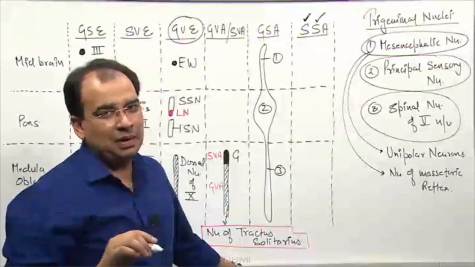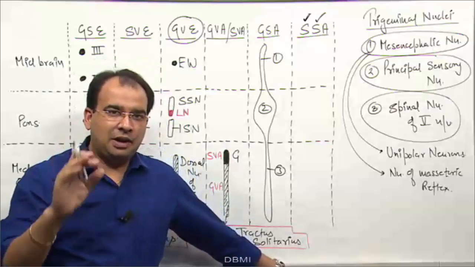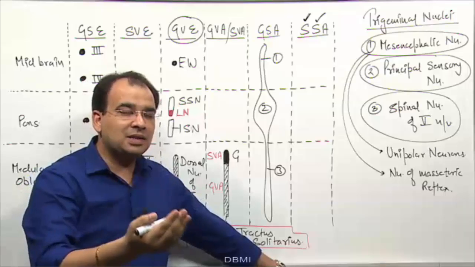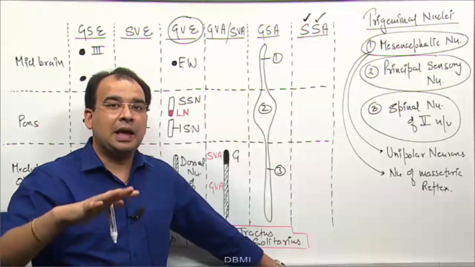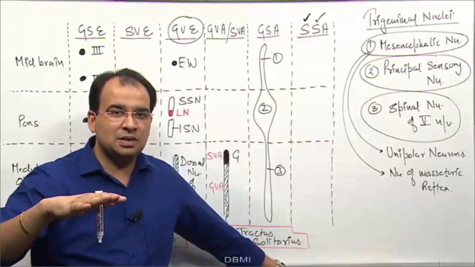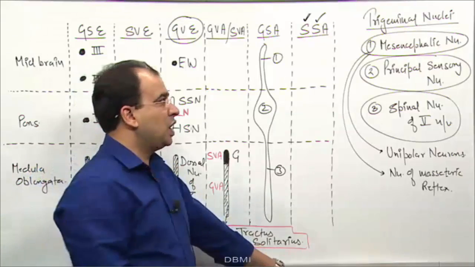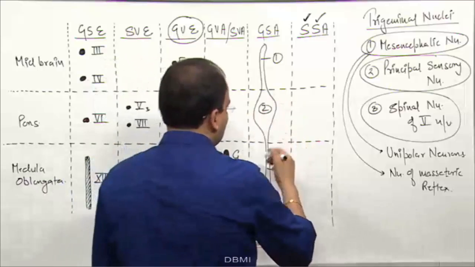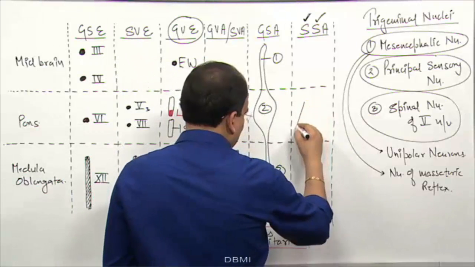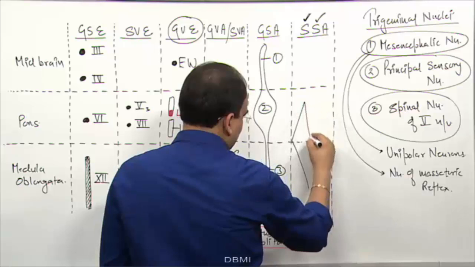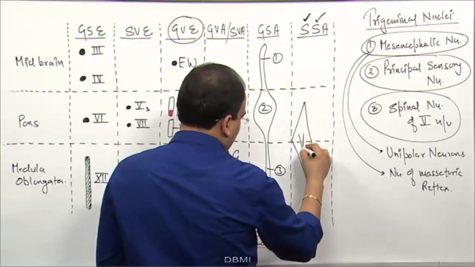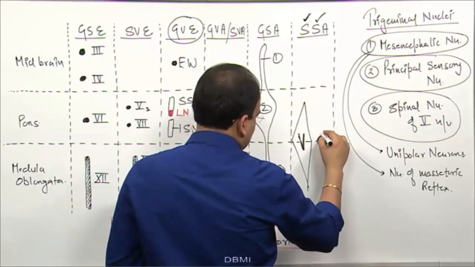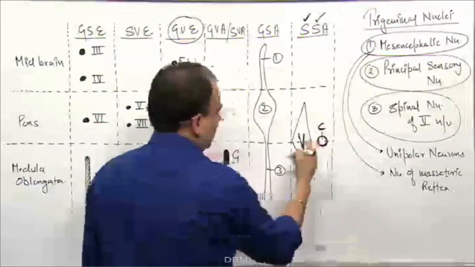Internal ear is an example. Developmentally, the internal ear is a somatic structure, but it carries the sensation of balancing and hearing, and balancing and hearing are what type of sensation? The special sensation. So we have a special column for the vestibulocochlear nucleus, that is SSA. We have these huge vestibular nuclei; I'm writing V here for vestibular, and at the pontomedullary junction I'm writing C for cochlear.